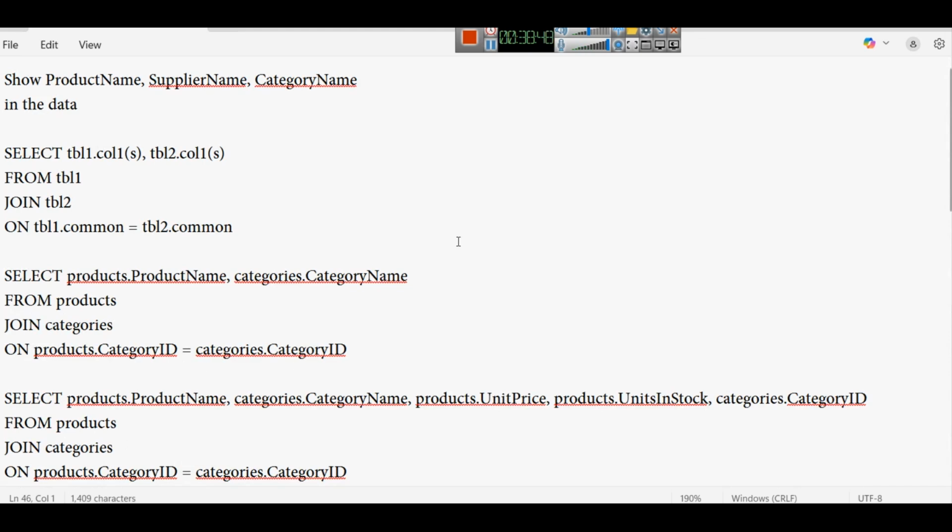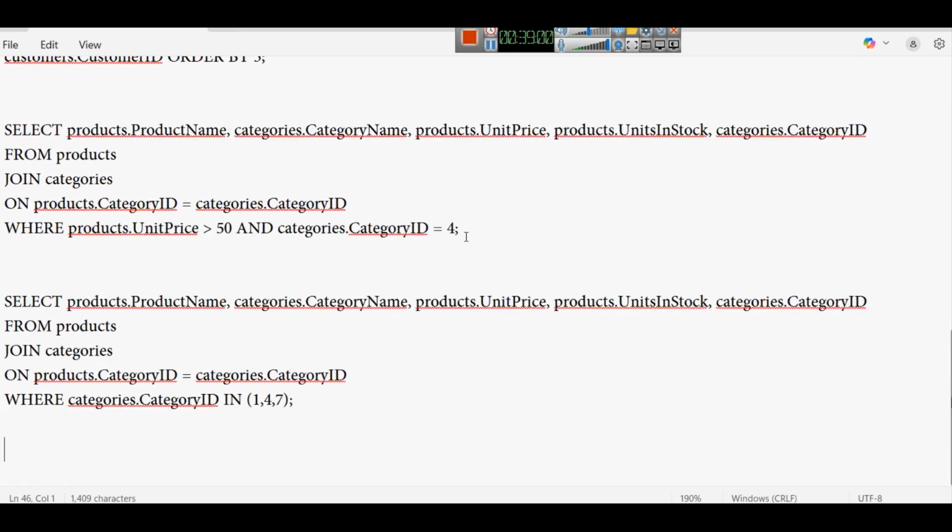In your question sheet also, which I gave you, 50 questions, there are some questions that will be solved with the help of join. But before that, just solve these questions and try. Once you have command over this, then try from that sheet also. We will talk more about other questions in our next class.